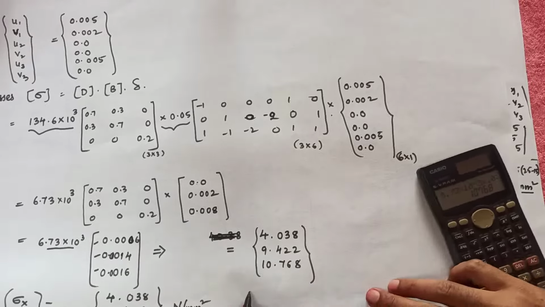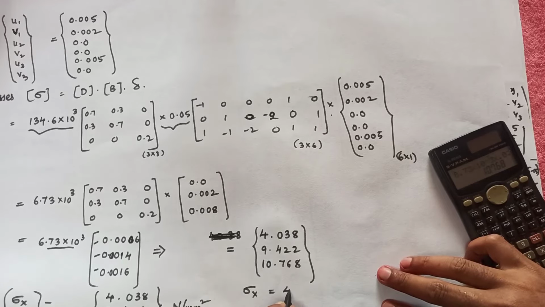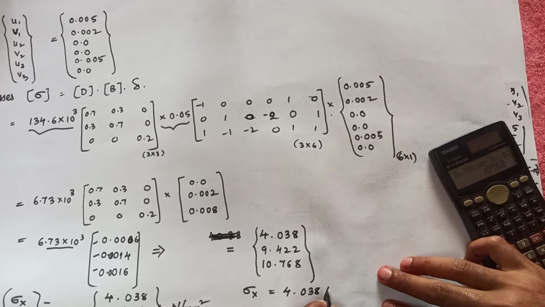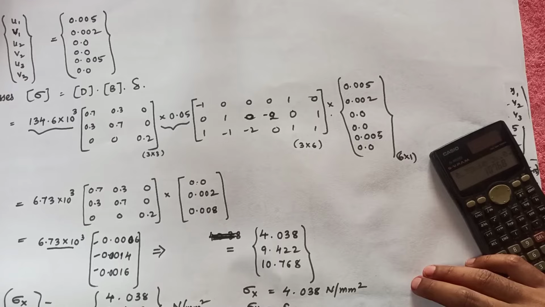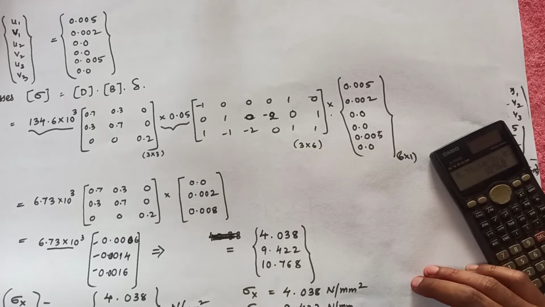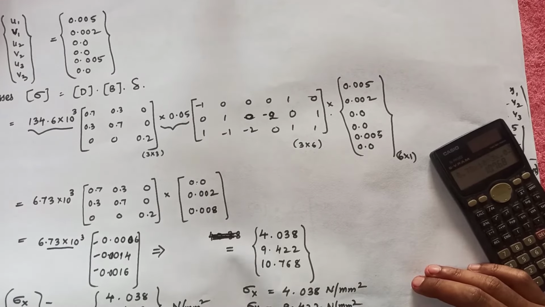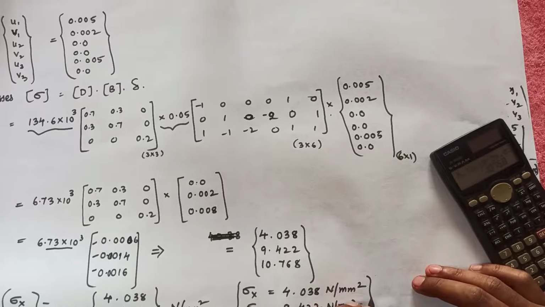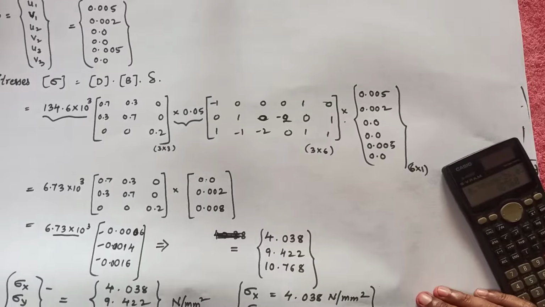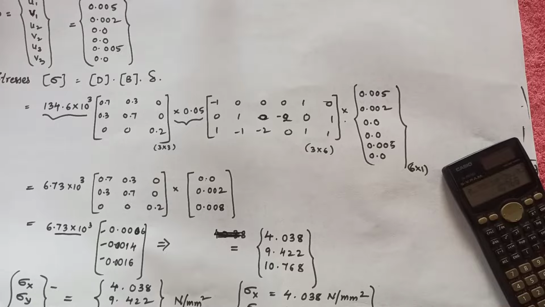It means sigma x is 4.038 Newton per millimeter square, sigma y is 9.422 Newton per millimeter square, and tau xy, that is shear stress, is 10.768 Newton per millimeter square. These are the element stresses.